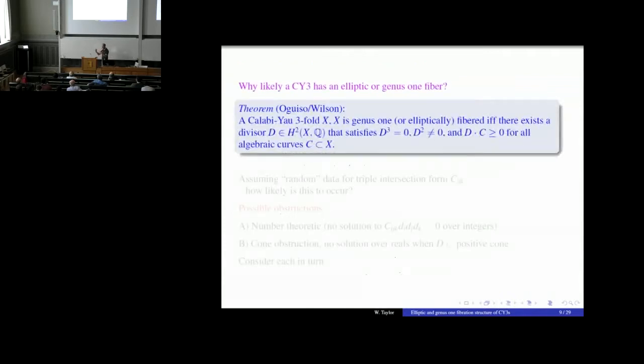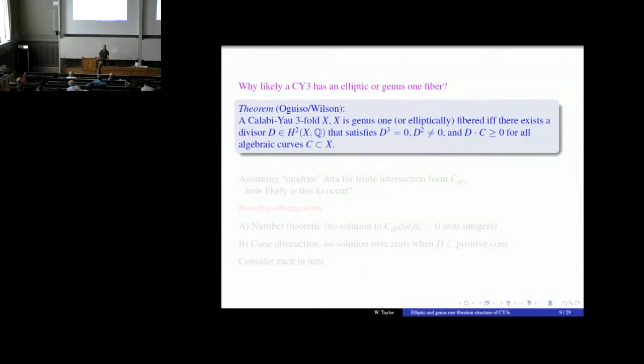Okay, so let's go back to the initial question. I said that there's evidence that most Calabi-Yau threefolds have some elliptic structure. Why would that be the case? There's a theorem proven by Oguiso and Wilson that shows that a Calabi-Yau threefold X is genus 1 or elliptically fibered if and only if there exists a divisor D which satisfies D^3 = 0 under the triple intersection form, D^2 not equal to 0, which really just means that it's not K3 fibered as opposed to elliptic or genus 1 fibered.